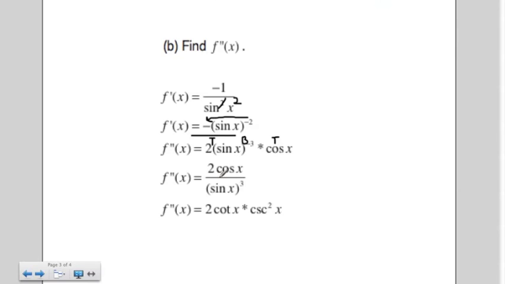So you can take out a cotangent here, and then right here is 1 over sine, so you can turn it into cosecant and bring it up to the top, and you're left with 2 cot x times cosecant squared x, and that is it.